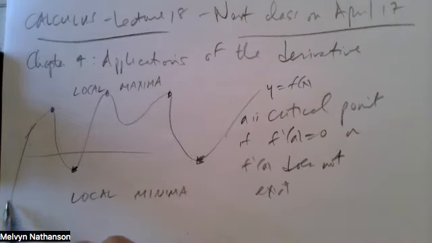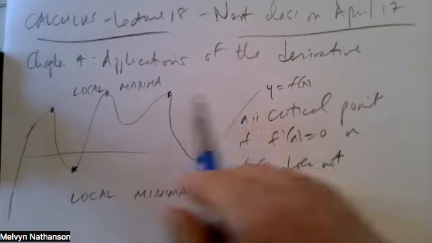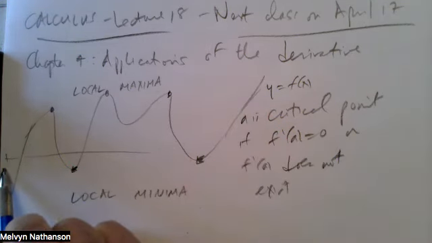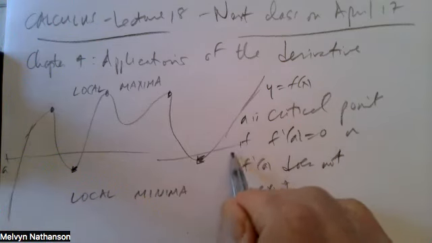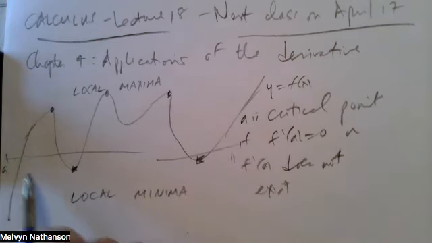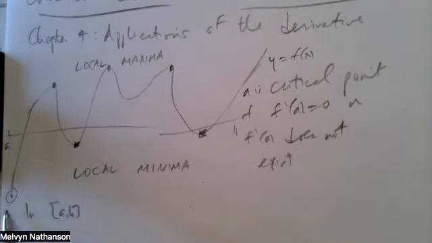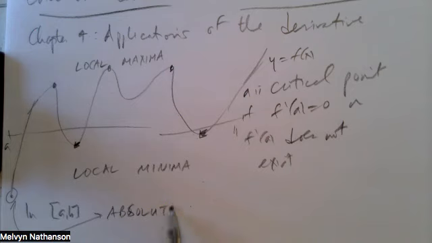And of course, suppose we had a function which looks like this, and this is on some interval, say from a to b. In this closed interval from a to b, this point is the absolute minimum.